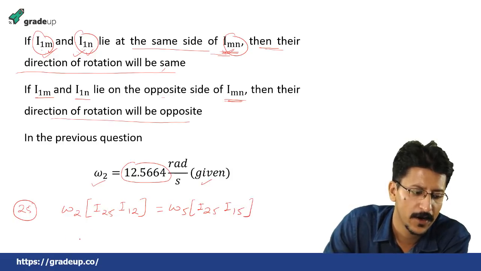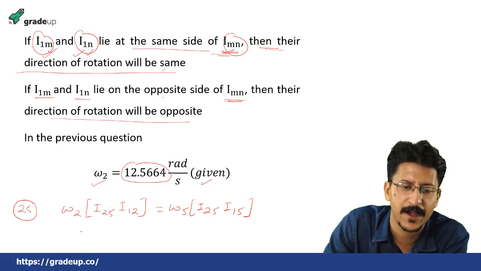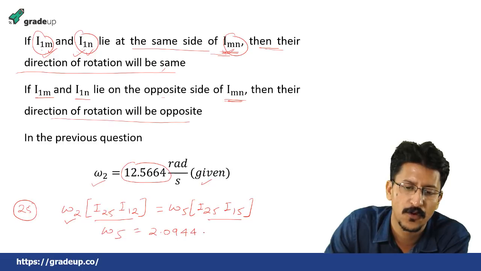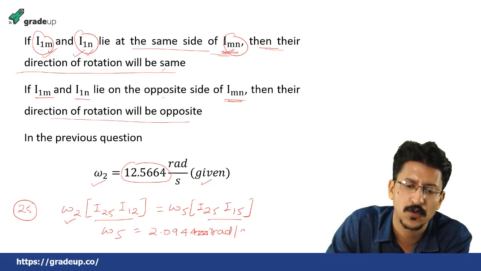Omega 2 is known, and the lengths can be calculated using the scale. So omega 5 we will get as 2.0944 radians per second, because it is omega.